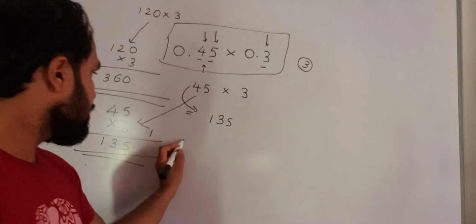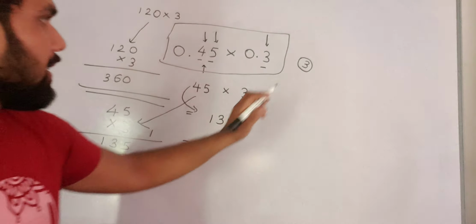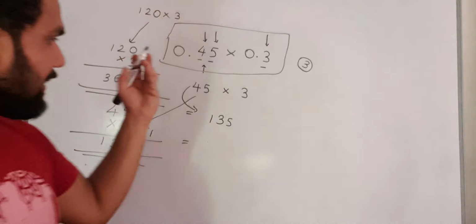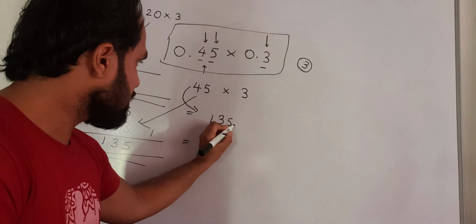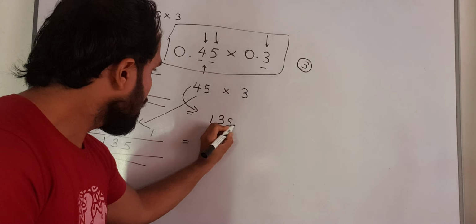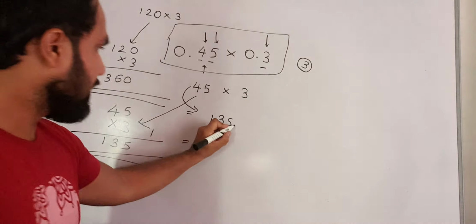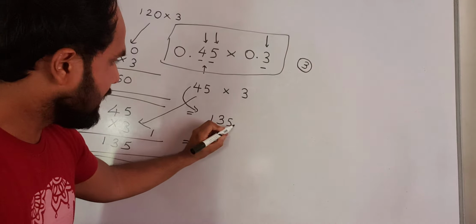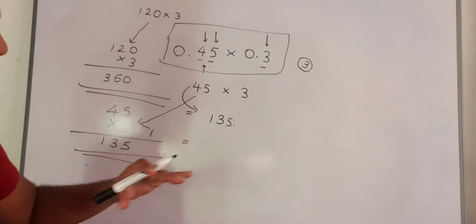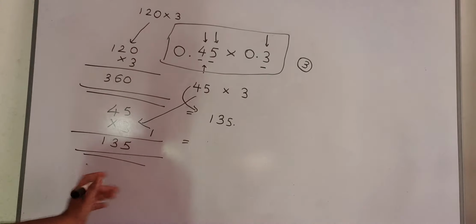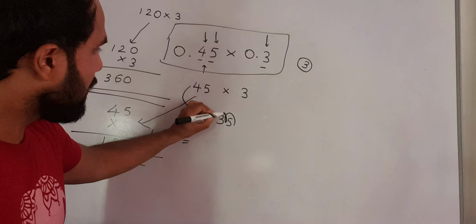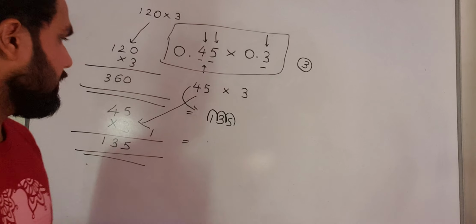Then what we do: normally the decimal is always located here. What we do here is move the decimal to the left by 3 places. 1, 2, 3.